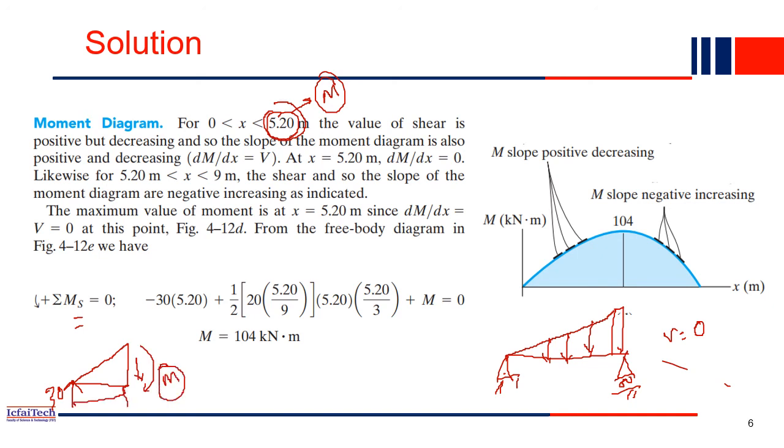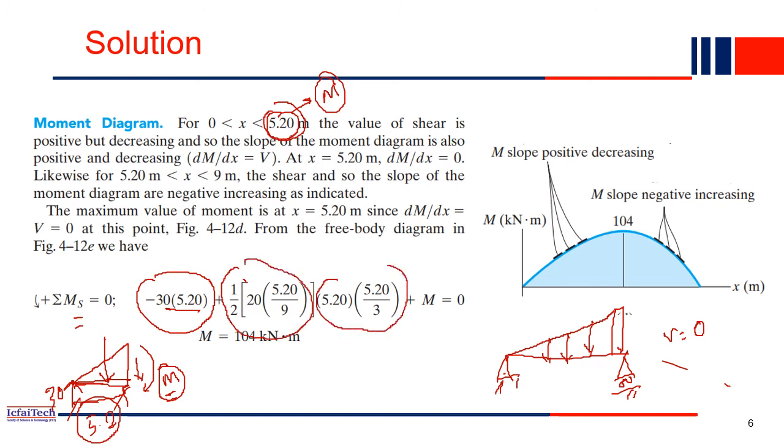This x we also know now. x is 5.2, which we computed in the last slide. So how much will the moment M be? M will be minus 30 into 5.2. 5.2 is this distance, and 30 is this force; force into distance gives the moment. Then plus the moment because of this entire concentrated force, that much concentrated force into distance, which was x by 3.